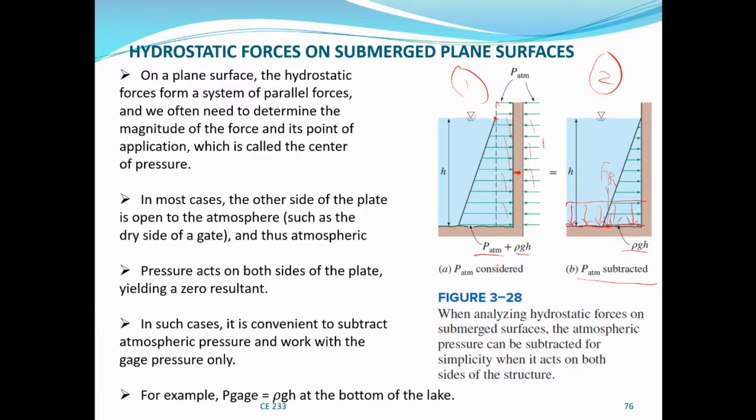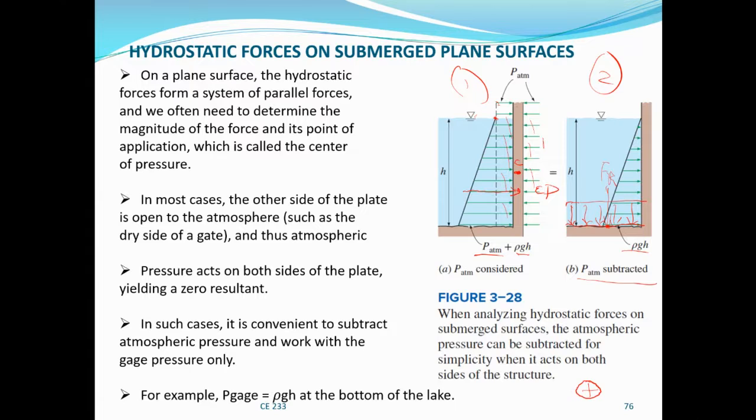The center of pressure, going by the pressure distribution, you will agree with me that the resultant hydrostatic force will be acting not at the centroid, but somewhere here. So this will now be the center of pressure, CP, which is designated with a plus sign, then a circle around it.